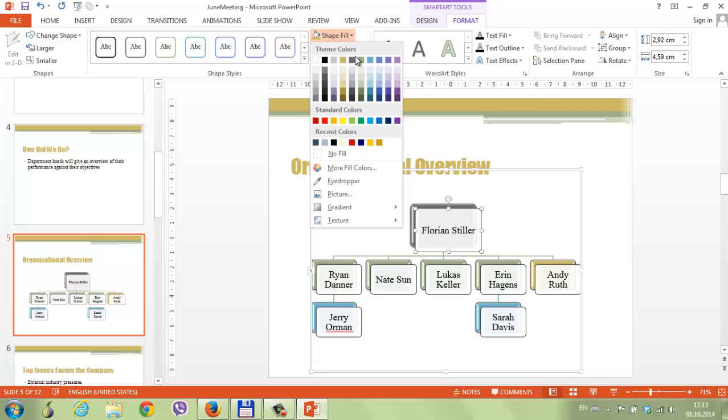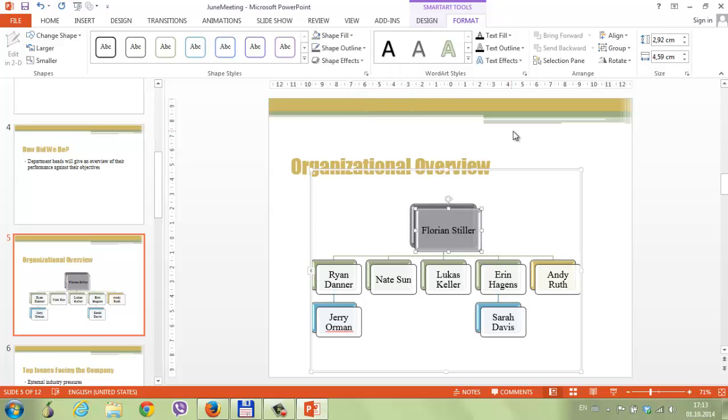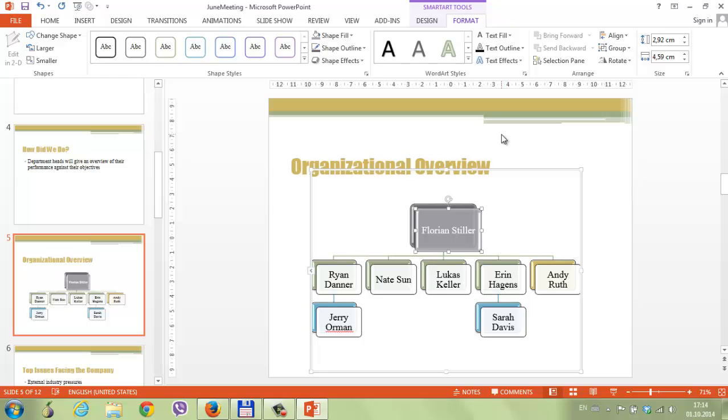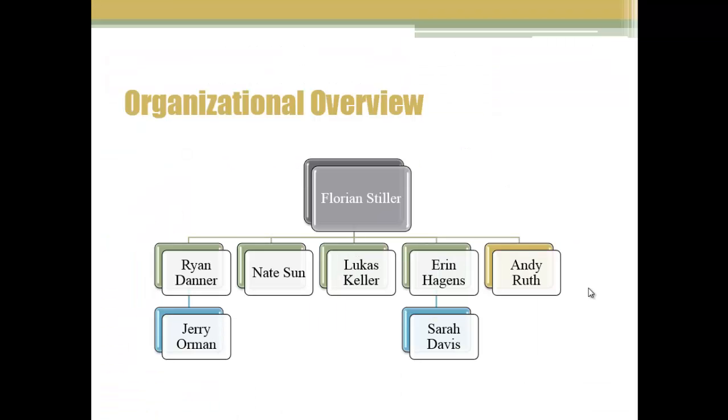Shape fill should be gray -50, accent 1 lighter 40. Exactly. And to distinguish the text very well, change it to white background 1, and we have our result at the end, which is supposed to look like this.